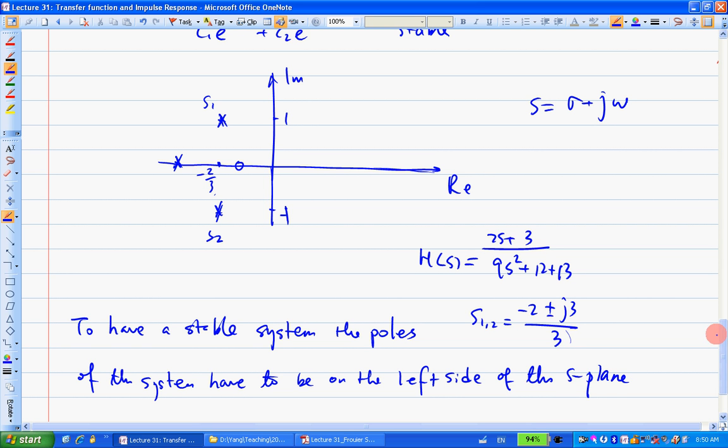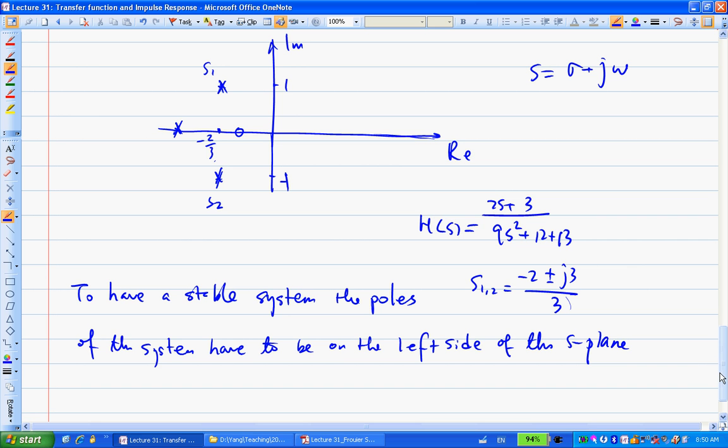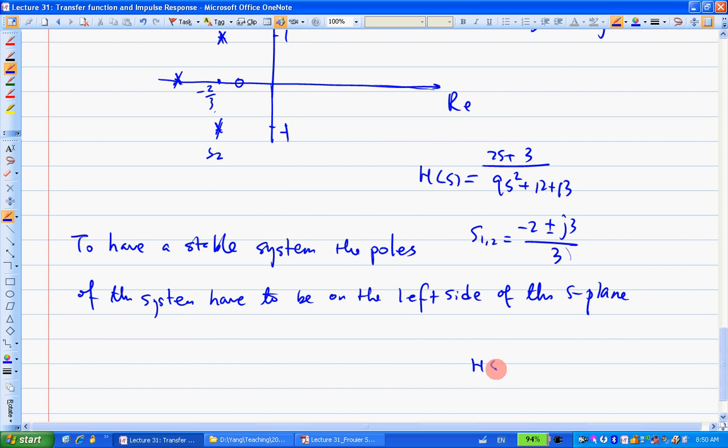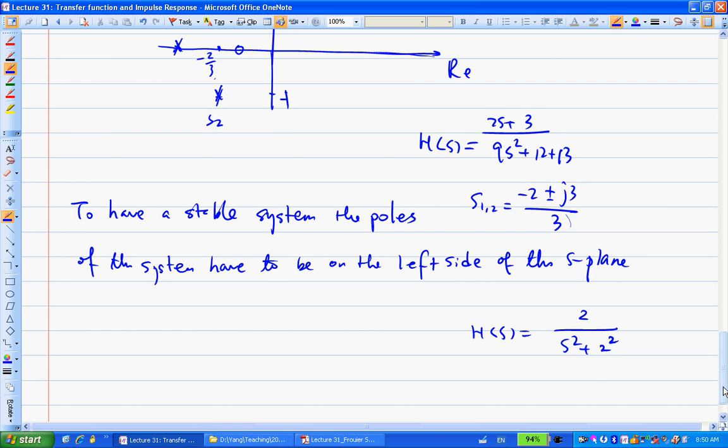Now, a natural question is, what happens when the poles are on the imaginary axis, right at the boundary? For example, let's say my H of s is 2 over s squared plus 2 squared. This is my transfer function.